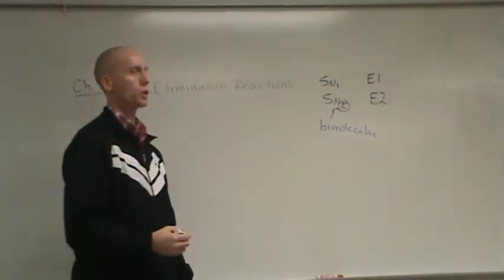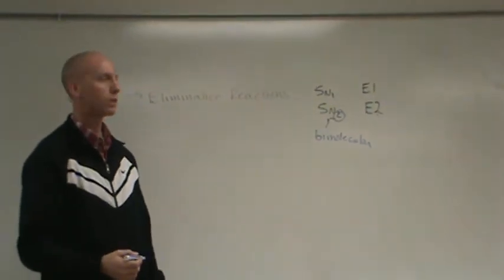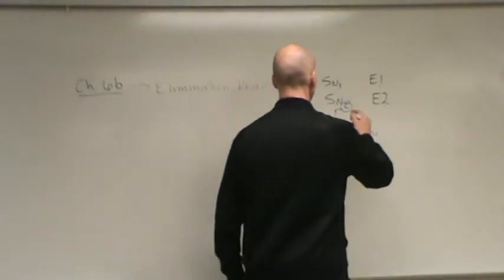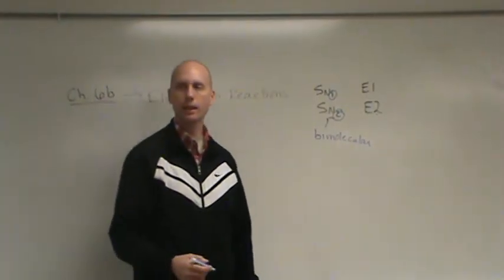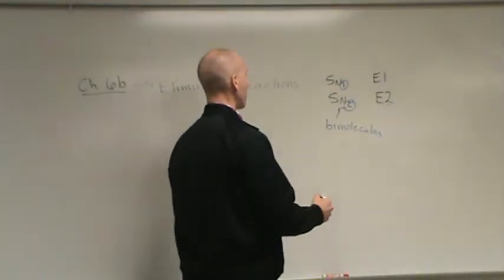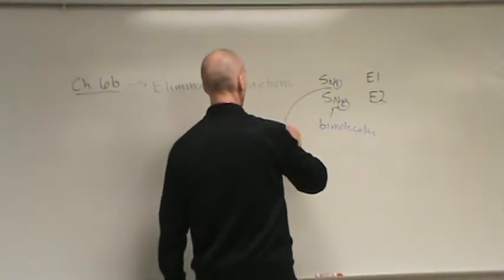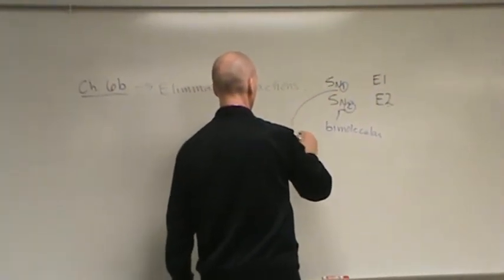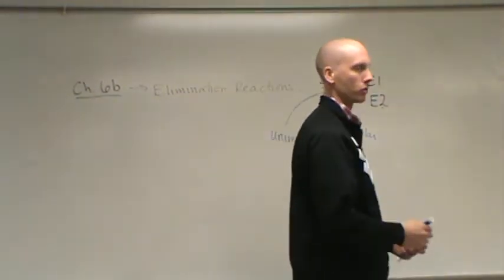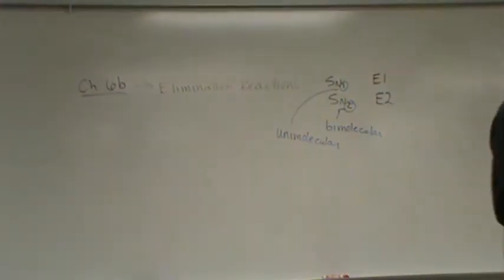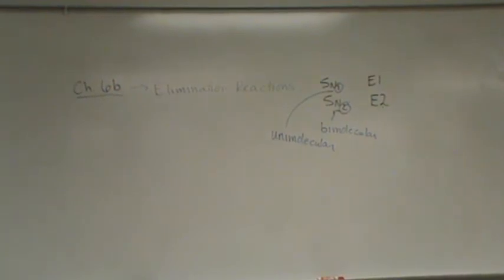So that's what the 2 stands for. And up here, the 1 is going to stand for a unimolecular reaction. So what is the difference between a bimolecular and a unimolecular reaction?